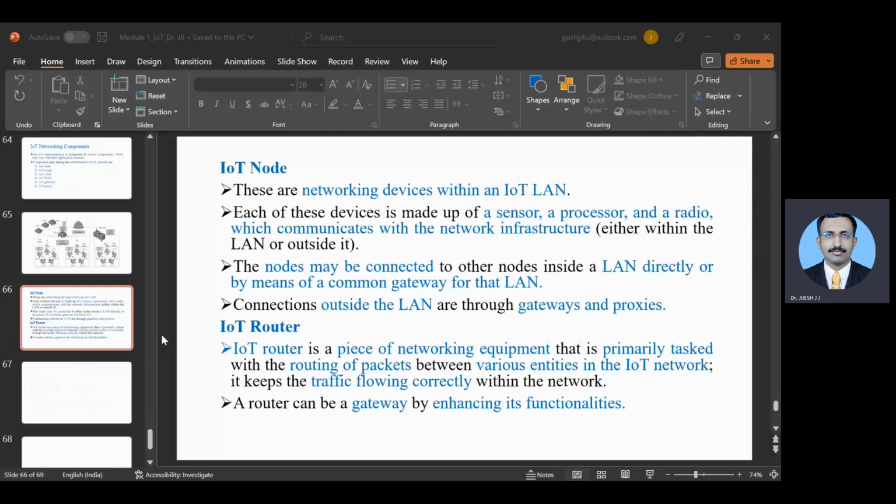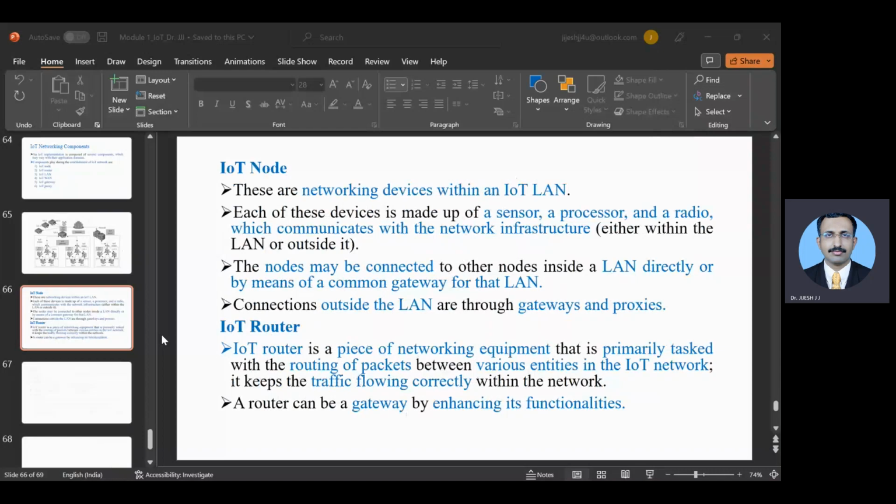So it consists of short-range connectivity technologies. IoT LAN may not be connected to the internet and is localized within the building or organization, because we have already studied LAN in detail before, isn't it? What we have seen is that it is within a specific organization. Then you can connect one device in an organization to another device in the organization.